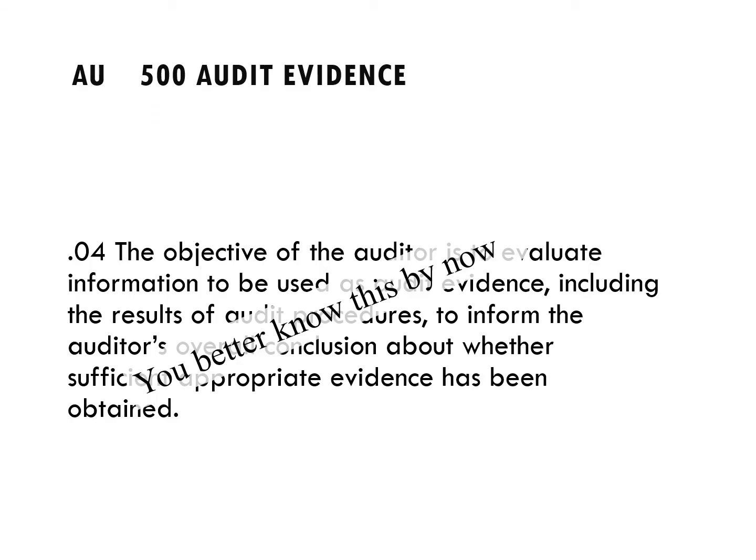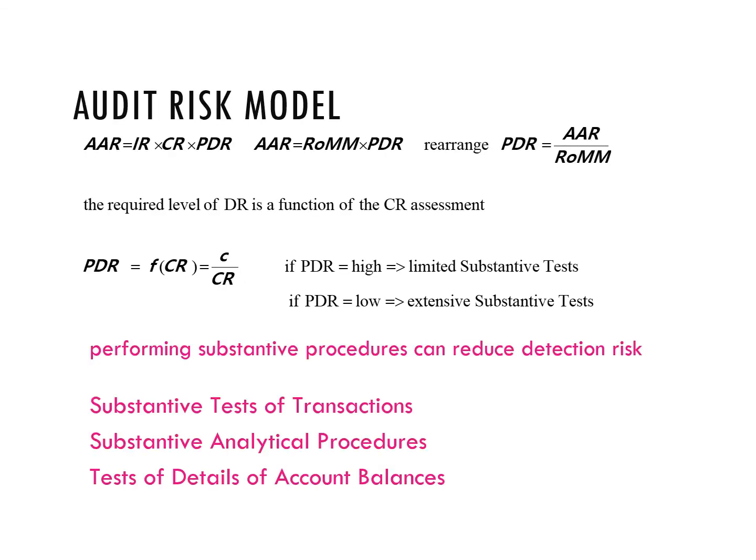500, you know by now. The audit risk model, we treat plan detection risk as a function of control risk. If control risk is low, plan detection risk is high. If control risk is high, plan detection risk is low. If we believe their controls are effective, then control risk is low and plan detection risk can be high.